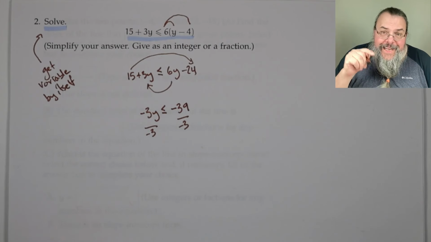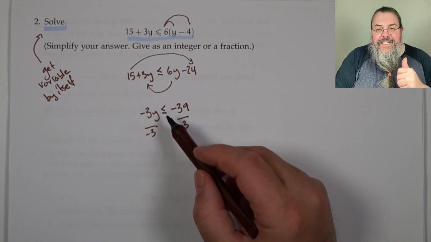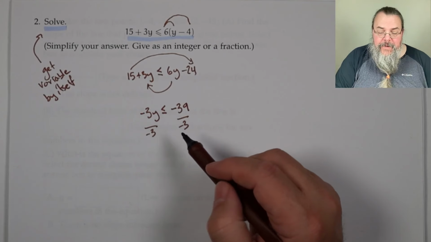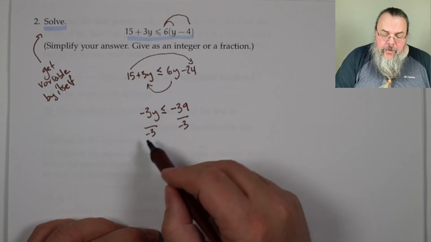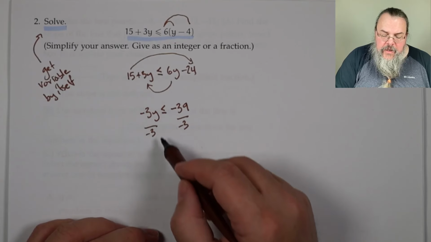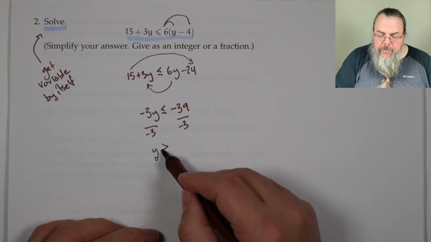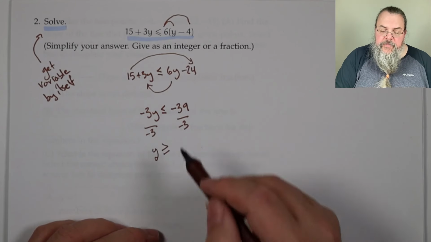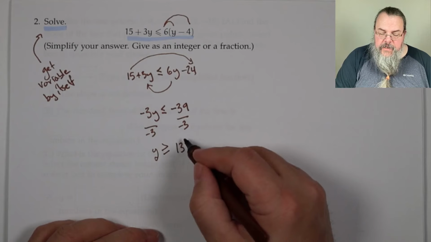When you have an inequality, if you divide by a positive, keep it as is. If you divide by a negative, fix it. So how do you fix it? Well, you flip the direction. So the negative 3 is canceled. We flip because of the division by negative. 39 over 3 becomes 13.